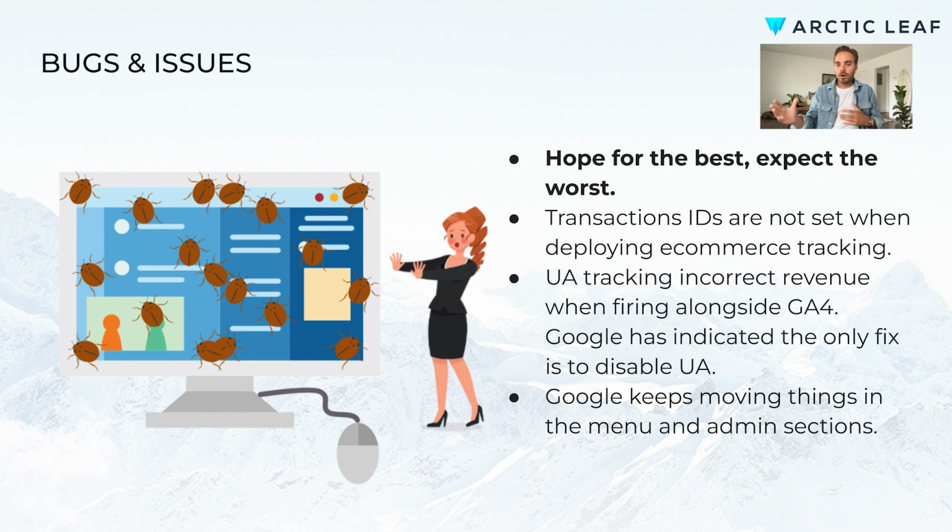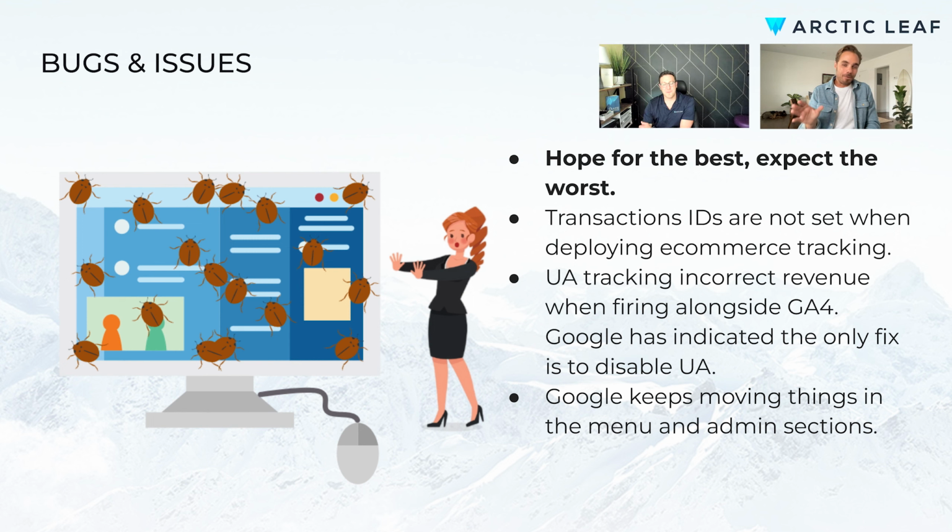After a bunch of trial and error and going back and forth, we eventually spoke to the folks at Google, and Google essentially said, this is a common problem. We know this is a problem. The only real way to rectify this is to disable UA and fully adopt GA4. Now, I'm not going to lean into conspiracy here, but it's pretty funny.